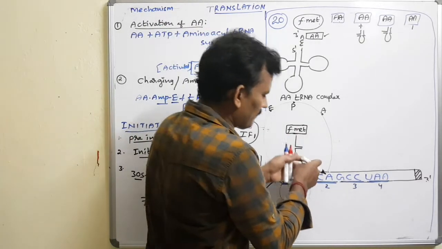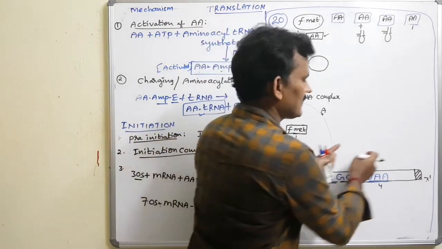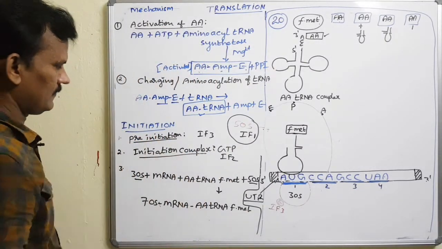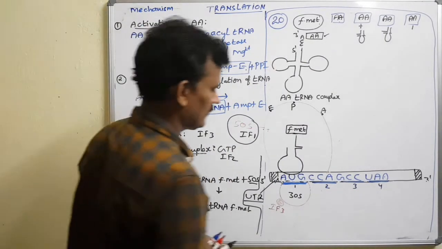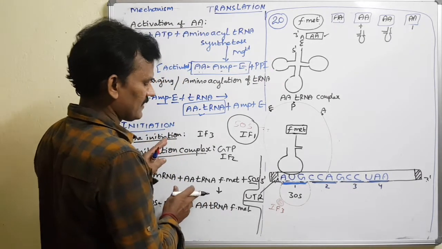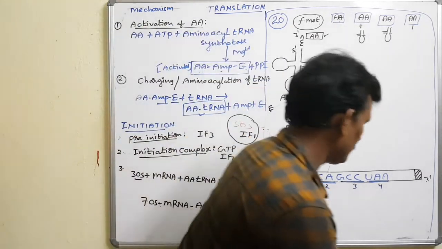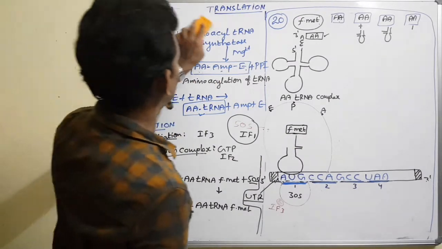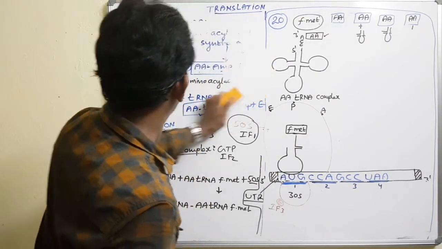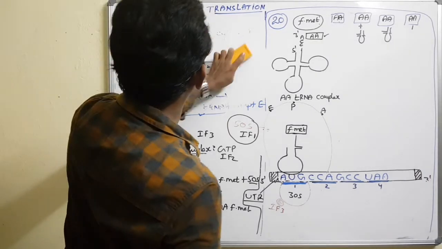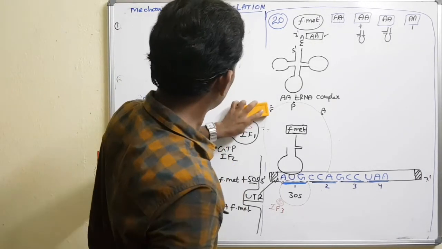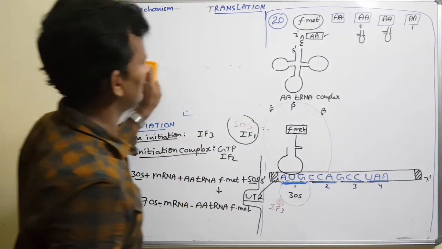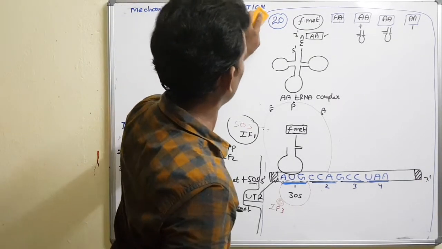The next process, beginning from here, is considered the elongation factors. In the elongation process there are three elongation factors, and it is also an energy consuming process.